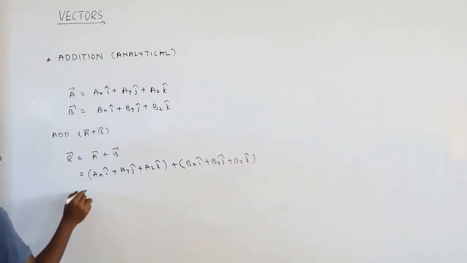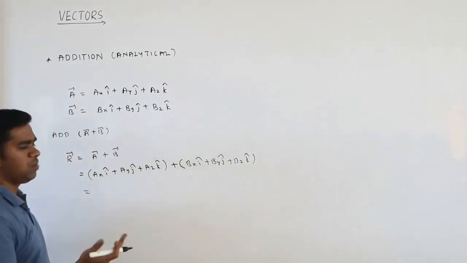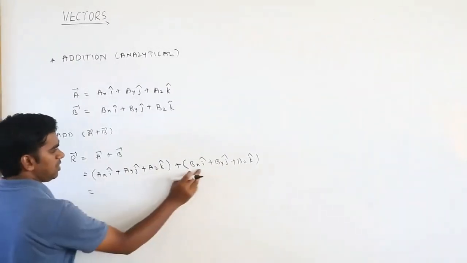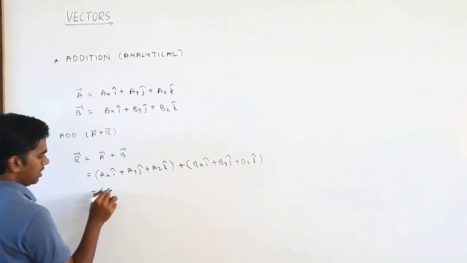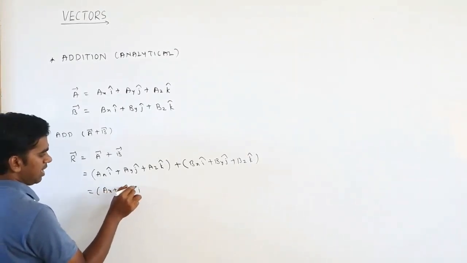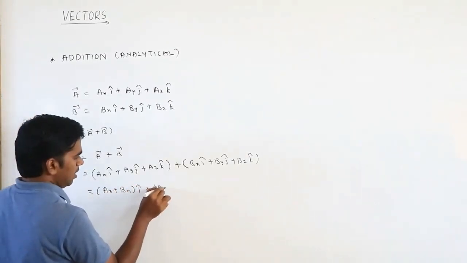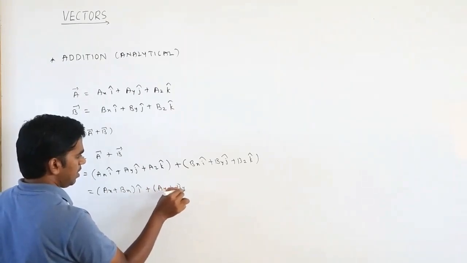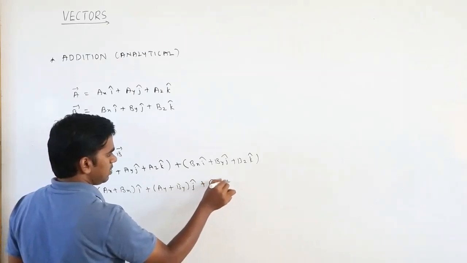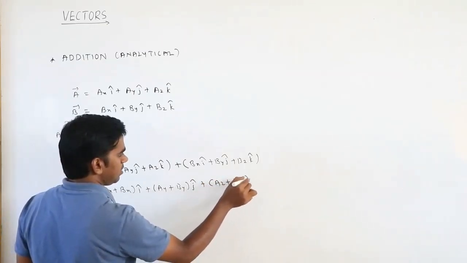So what is the procedure? We have to add corresponding components, meaning add x with x. The resultant will be (Ax plus Bx) i cap plus (Ay plus By) j cap plus (Az plus Bz) k cap.